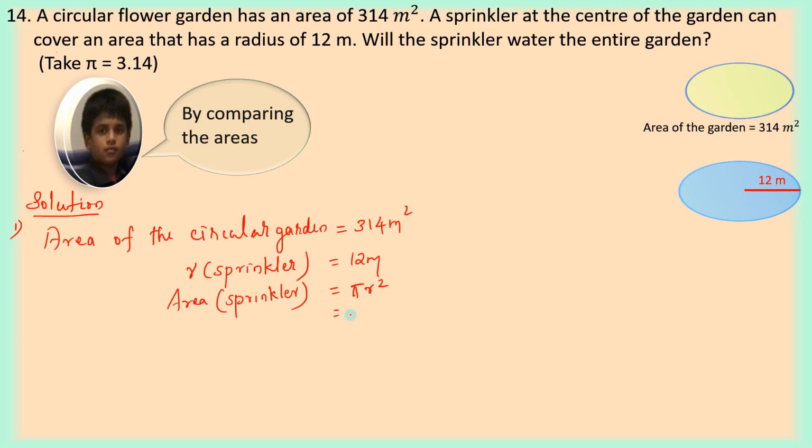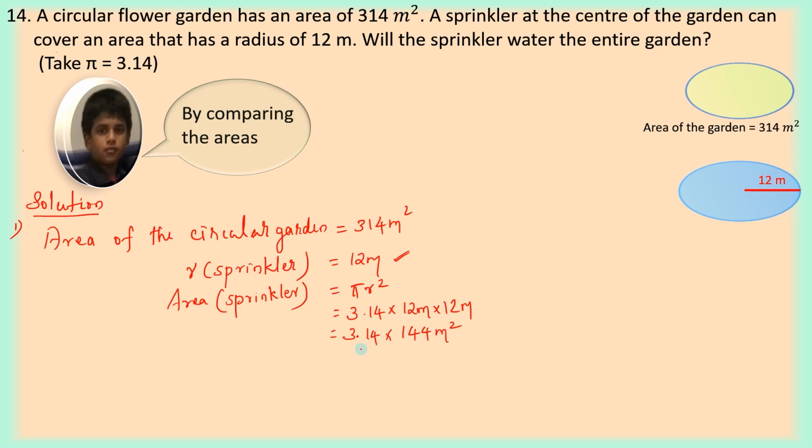That is equal to pi, 3.14, into r square, which is r into r, and the radius here is 12 meters. So it will be 12 meters into 12 meters. That is equal to 3.14 into 12 12s are 144, that is 144 meter into meter. It is meter square.